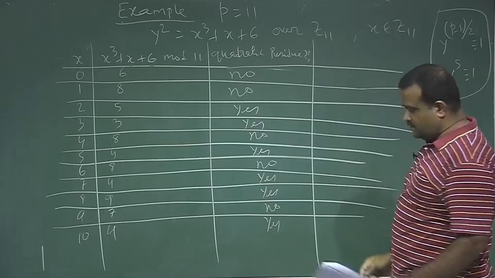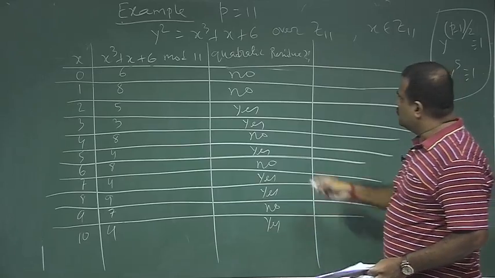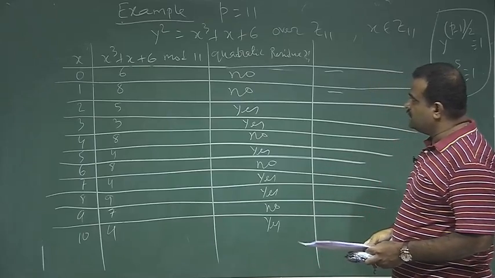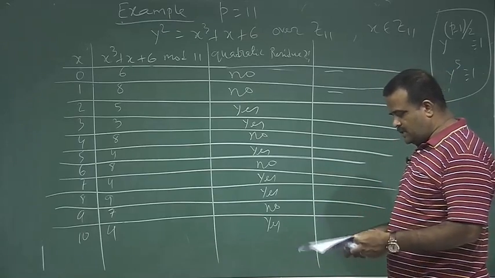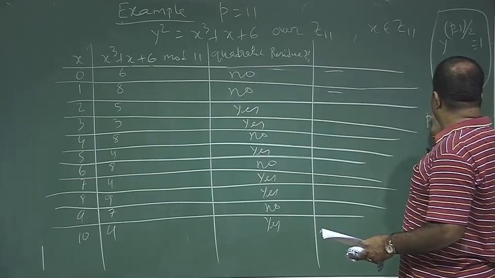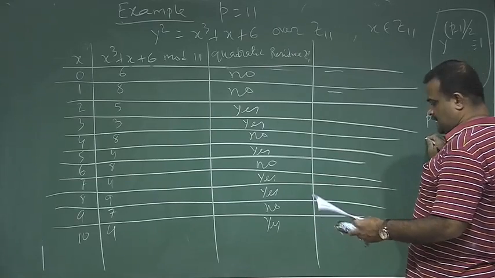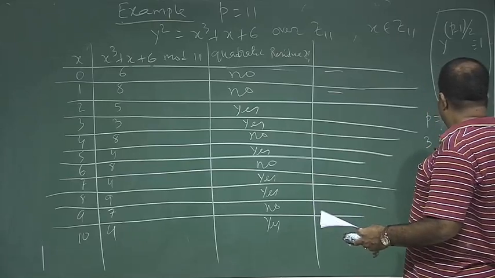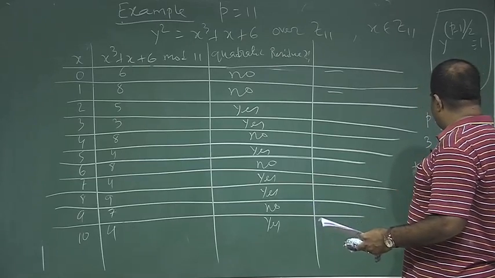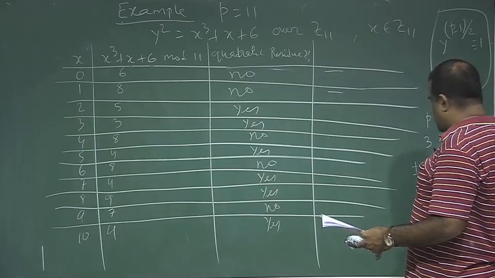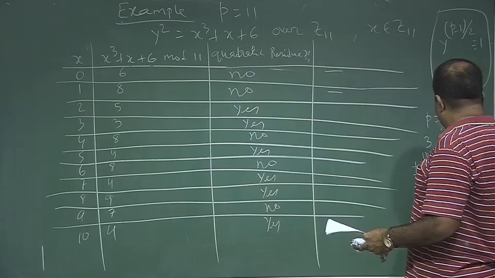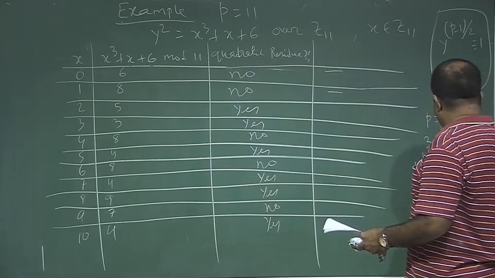Now, we need to find out the square root. So, where it is no, it is not a quadratic residue, and where it is yes, it is a quadratic residue. So, we need to find out the square root. The square root formula: here p is equal to 11, which is 3 mod 4. That means the square root will be z to the power (p plus 1) by 4 mod p.